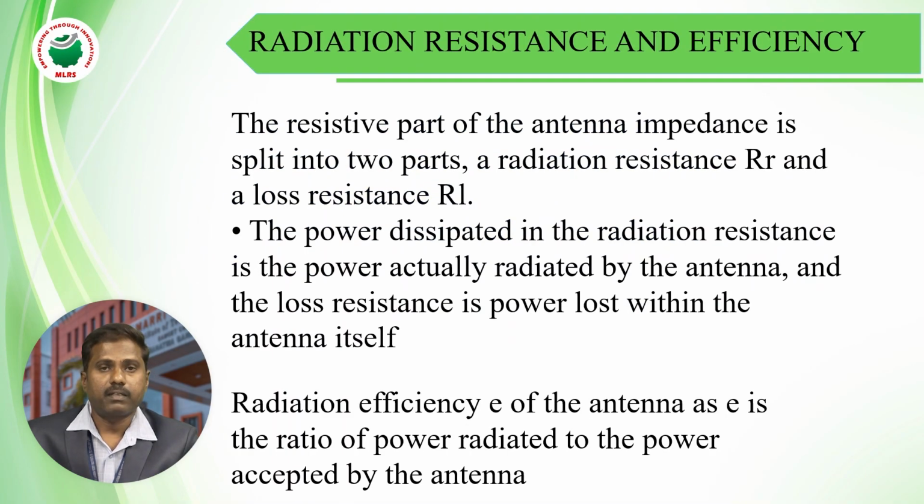The next one is radiation resistance and efficiency. I already told that the radiation is towards the desired direction, in the far field direction. So the radiation resistance can be calculated from the power dissipation in the desired direction.